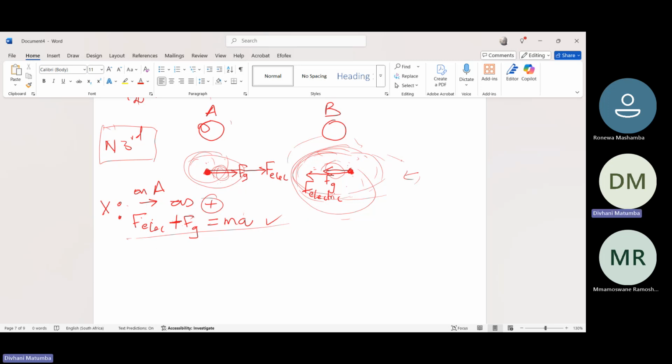Okay. Now F electric will be kQ1Q2 over r squared, then plus Fg, which is going to be your mass times gravitational acceleration.